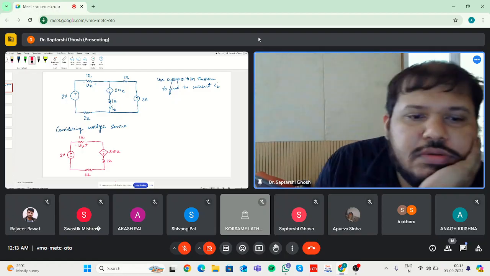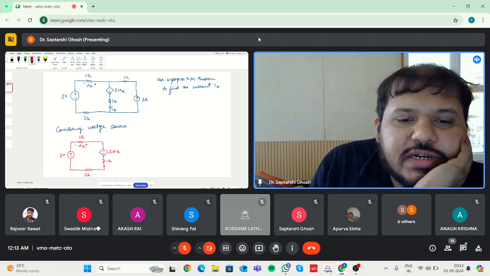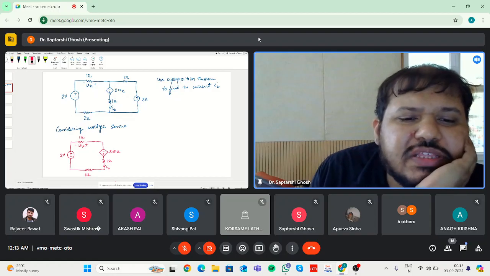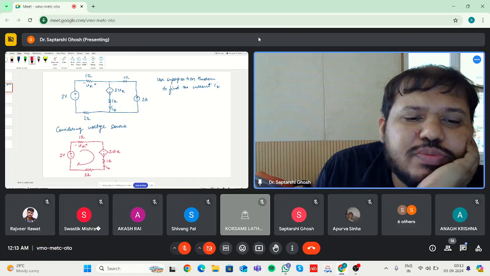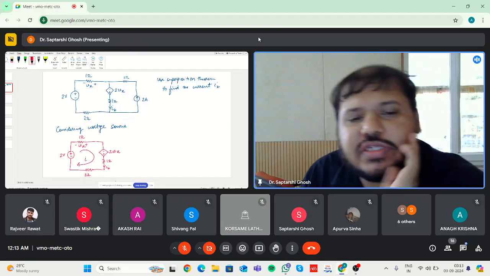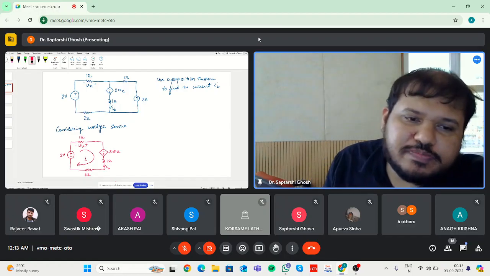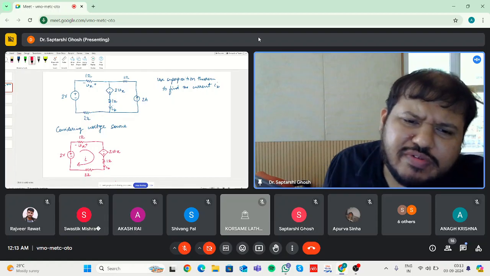That means you have to find what is the current here. This is IB. This IB is nothing but the current flowing through this loop. So if you consider the current I is flowing through this loop, then that current you have to find out.